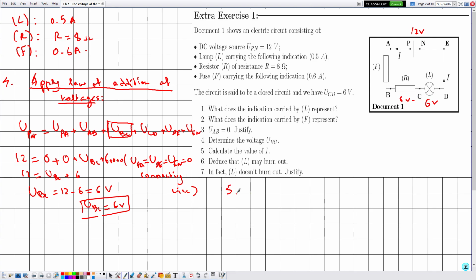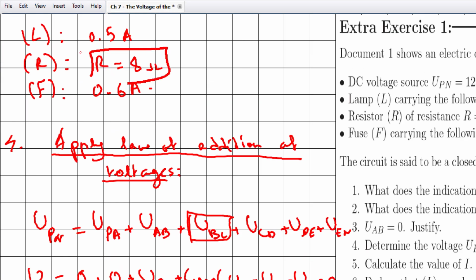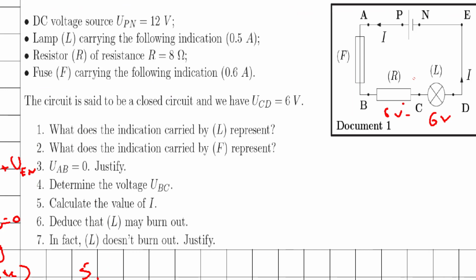Now in number 5 they are telling me to calculate the value of I, and I can be calculated using Ohm's law because we know the value of R and we know its applied voltage.